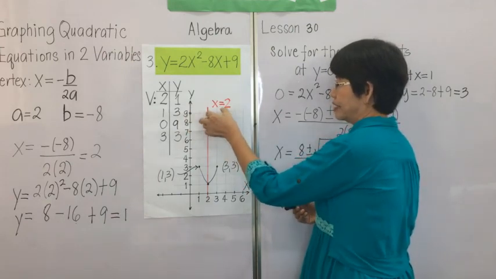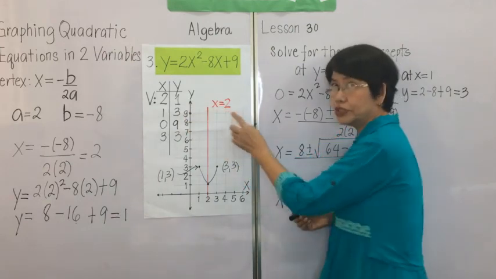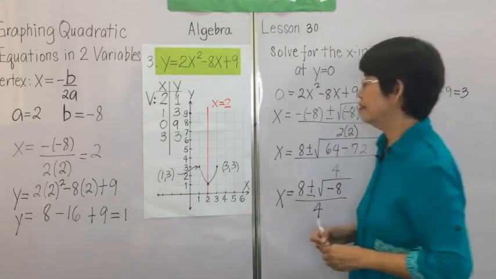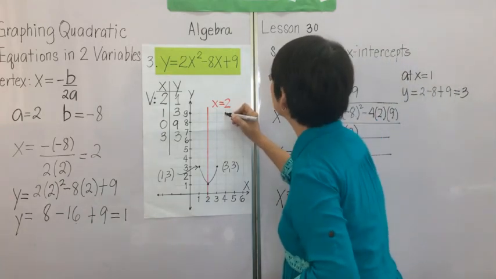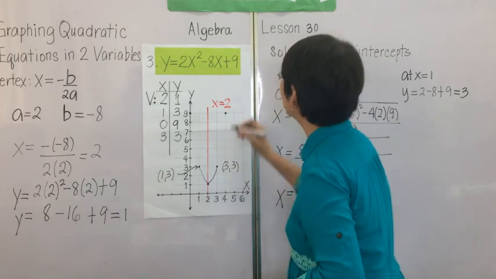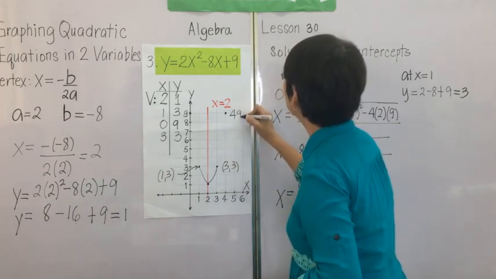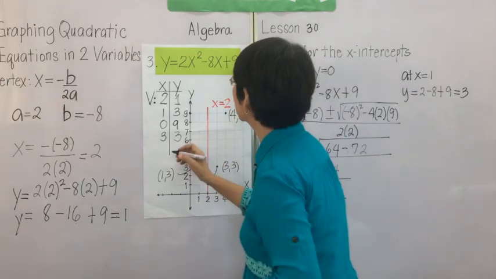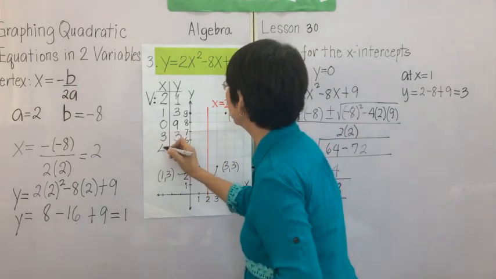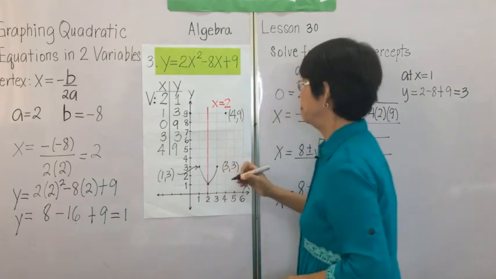So we will reflect another point here, which is 2 units away to the right of the line of symmetry. So this is at 4, 9. So we have 0, 9 and 4, 9.